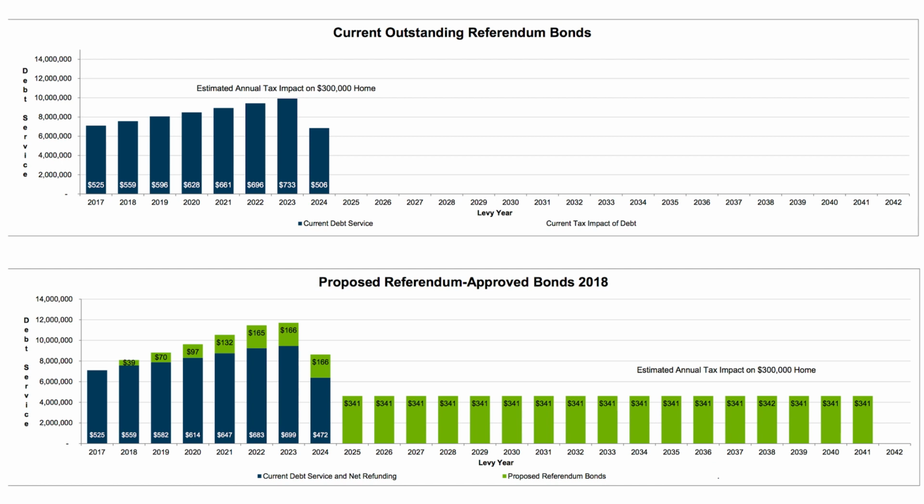Now, with the proposed referendum bond, you can see that if we simply included that on top of our existing debt structure, it would increase by a maximum amount of $166 in 2023, and then it would stabilize in 2025 at $341. And so it's simply stacking the current bonds on top of what is currently being proposed.